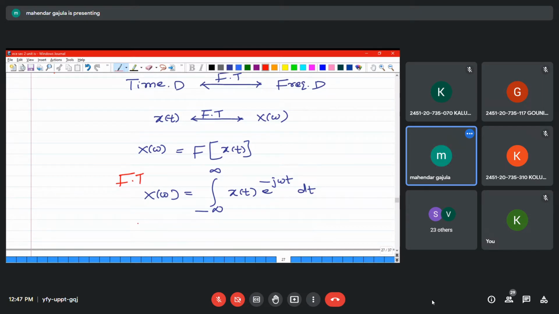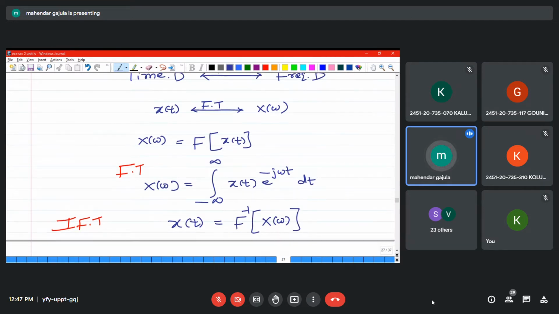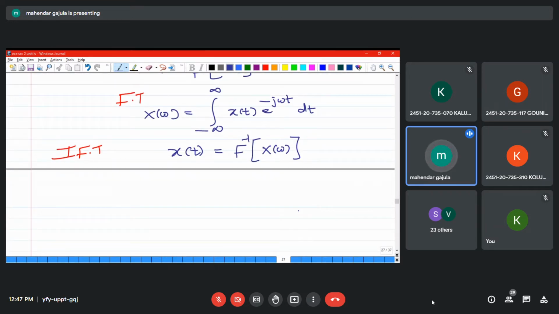And the inverse Fourier transform is there. Inverse Fourier transform means I would like to find out x(t) from X(omega). Then you need to apply inverse Fourier transform on X(omega). So inverse Fourier transform converts frequency domain to time domain, and Fourier transform converts time domain to frequency domain.